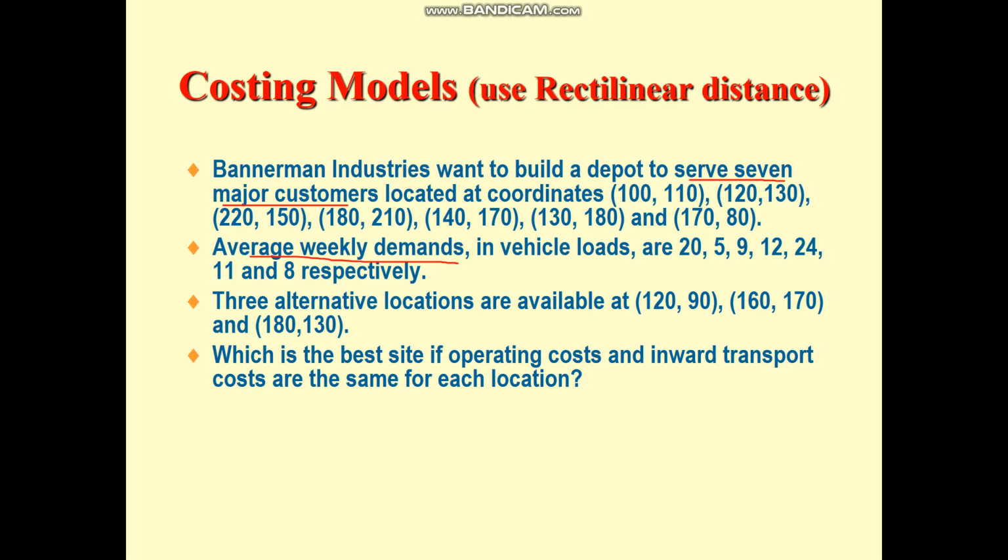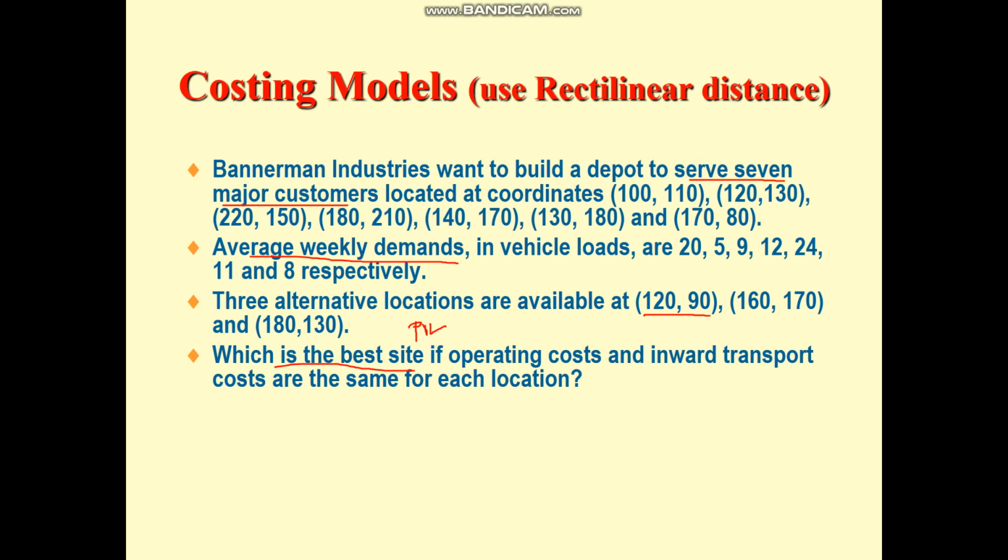We have 3 alternative locations, which means we have 3 potential locations, and the coordinates of the 3 alternative locations, and we want to determine which one is the best site among these 3.